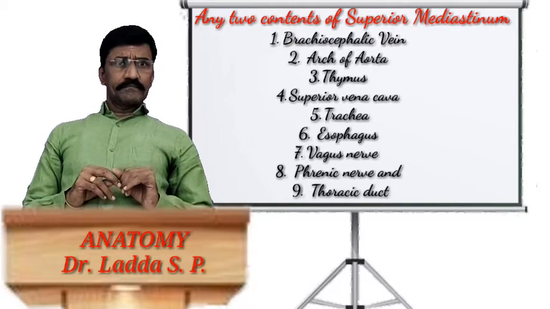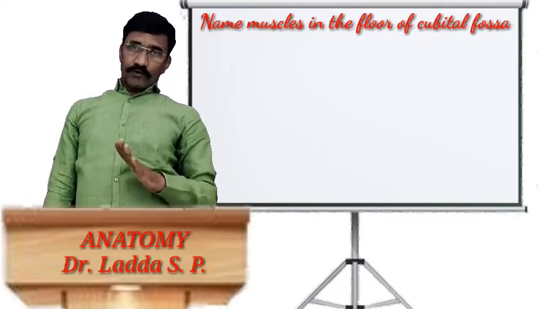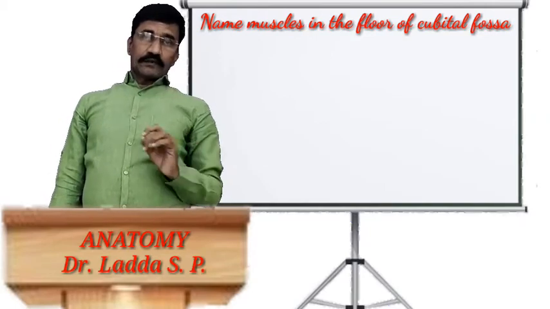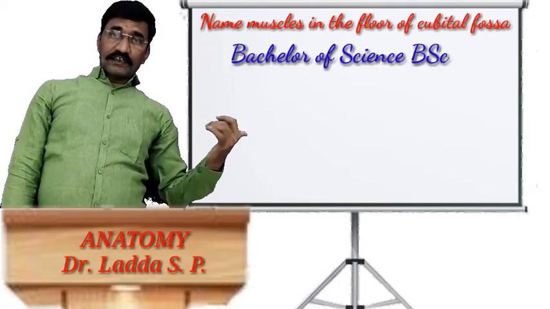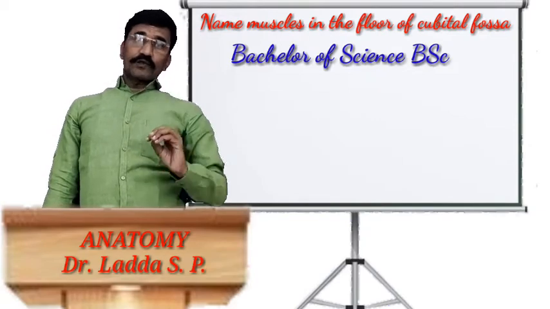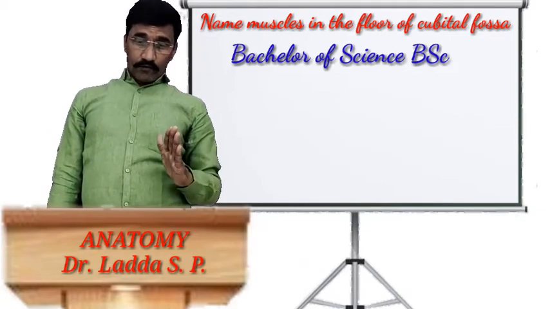Your question is, name the muscles in the floor of cubital fossa, and for that you are supposed to remember Bachelor of Science, BSc, a graduate course. BSc is to remember the muscles at the floor of cubital fossa.